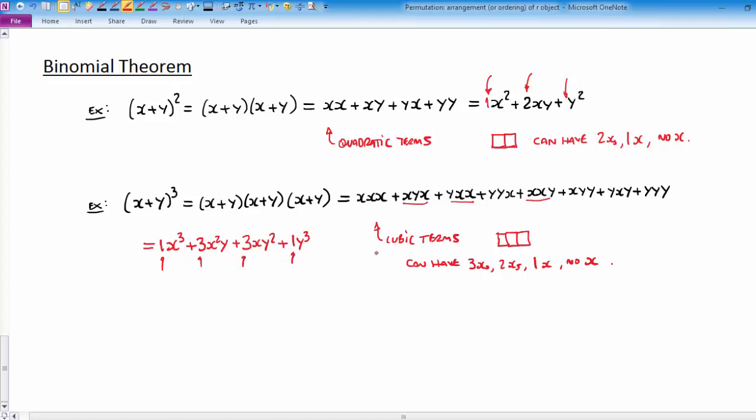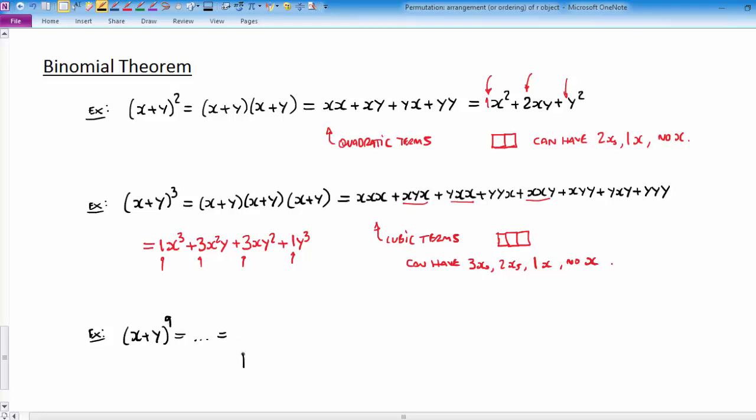Well, the question now is, how do we count the number of like terms in general? For example, if we have the expansion x plus y to the 9th power, then again, you will see several terms being added, and each term is a term of 9th degree, right?